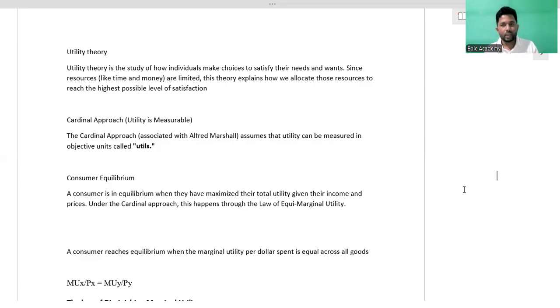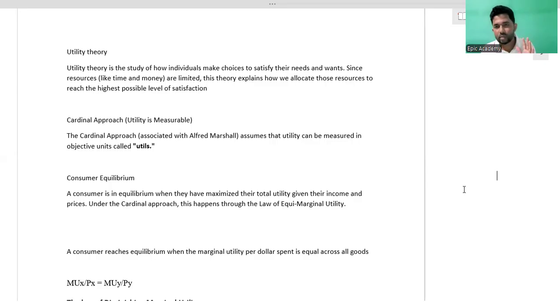In economics, we try to understand the consumer who behaves at a rational level. They take decisions in a rational manner, which means they try to maximize their utility. They try to maximize satisfaction from consuming any kind of commodity.